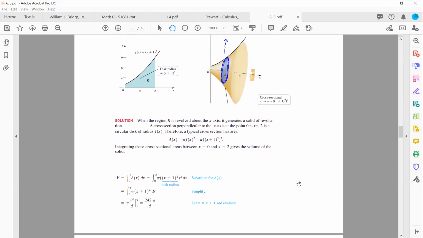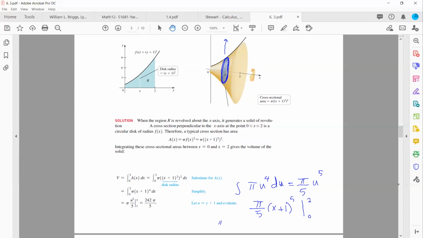So to find this integral, you can use u-substitution. This is the integral of pi u to the fourth du, which is pi over 5 u to the fifth power, but u is x plus 1, so you get pi over 5 times x plus 1 to the fifth power, and your x ranges between 0 to 2.